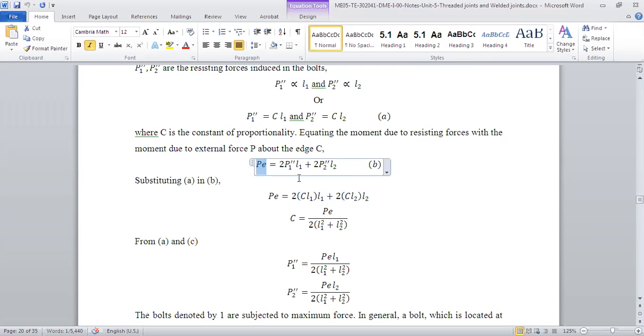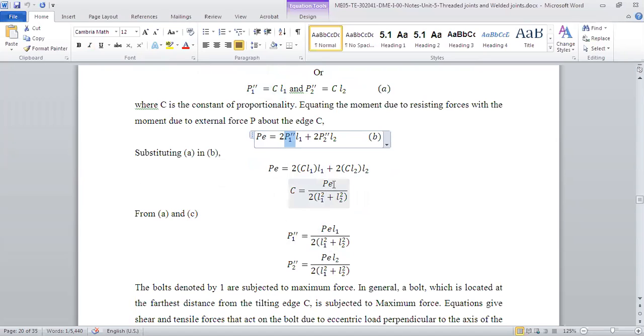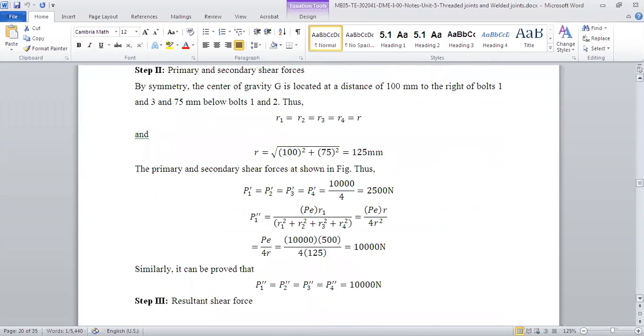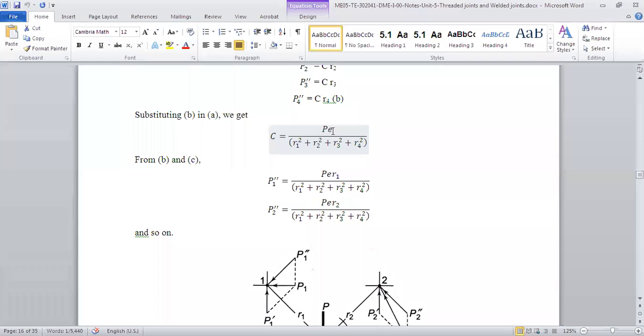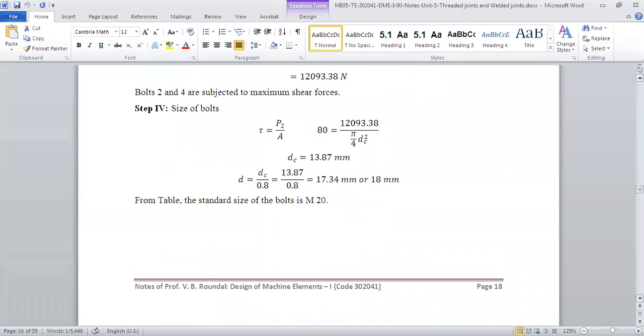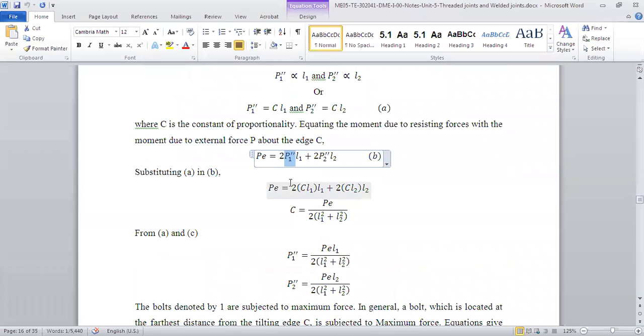If we compare these, and put P1 double dash equal to C L1, we get C L1 square. So C is equal to P E divided by 2 times L1 square plus L2 square. Now this is exactly equal to what we saw earlier, where it is equal to P E upon the summation of the squares of R1, R2, R3, right? So here also we are getting the same kind of formula.